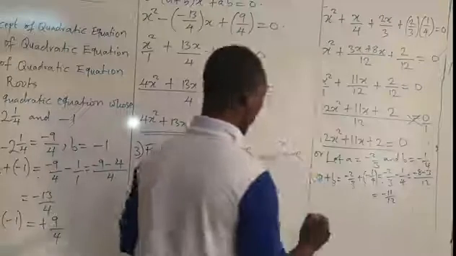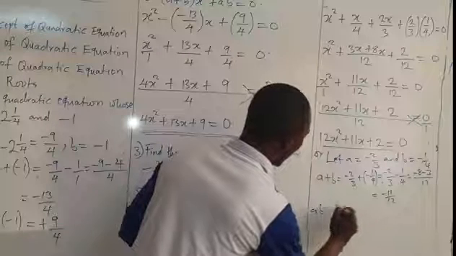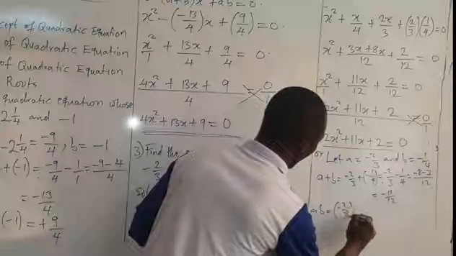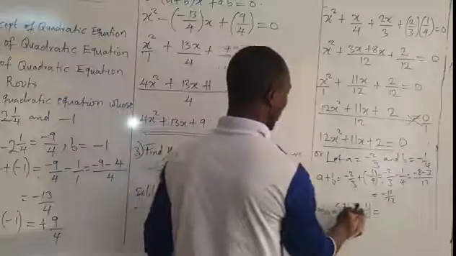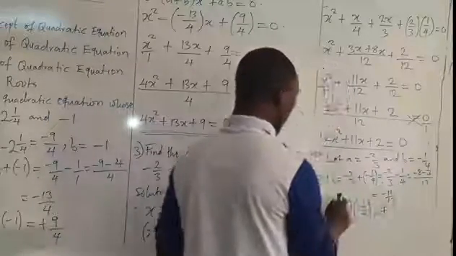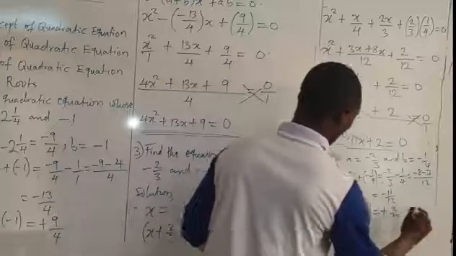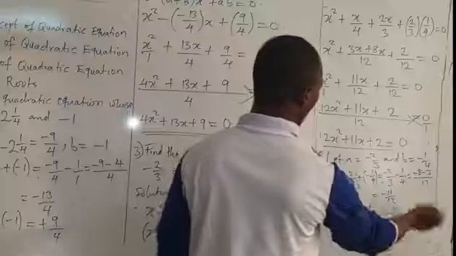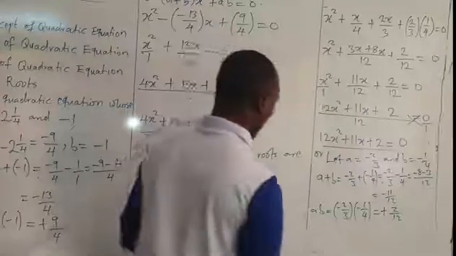That's the sum of the roots. Then the product of the roots, AB, equals minus 2 over 3 multiplied by minus 1 over 4, which is minus times minus plus, 2 times 1 is 2, 3 times 4 is 12. If you reduce it to the lowest term, we still arrive at the same answer.